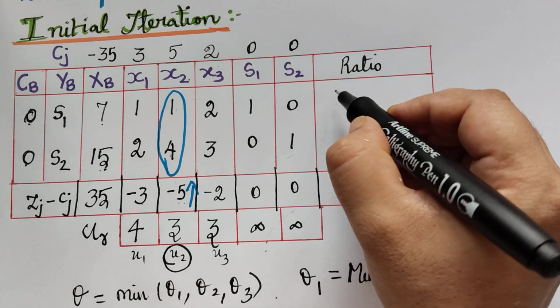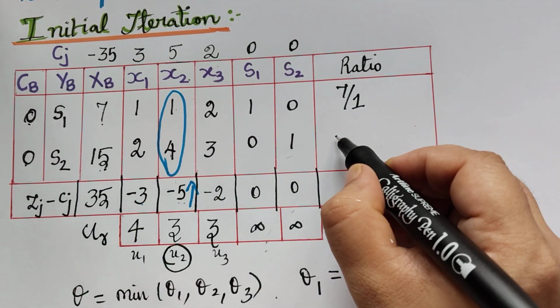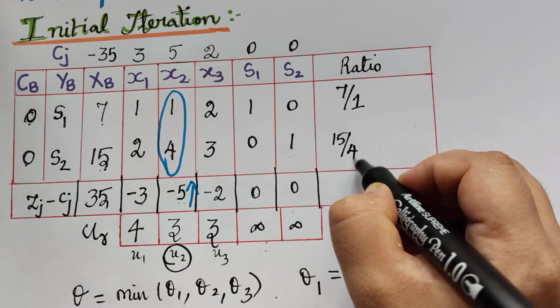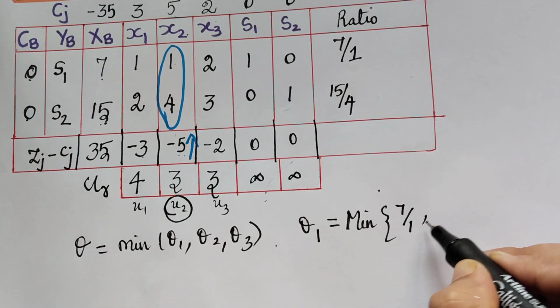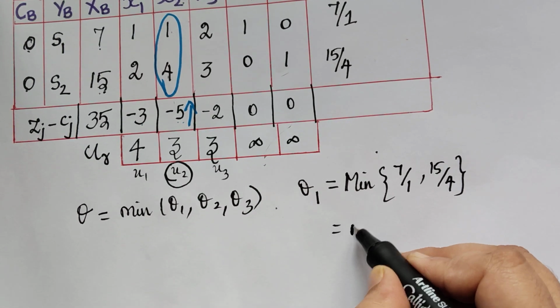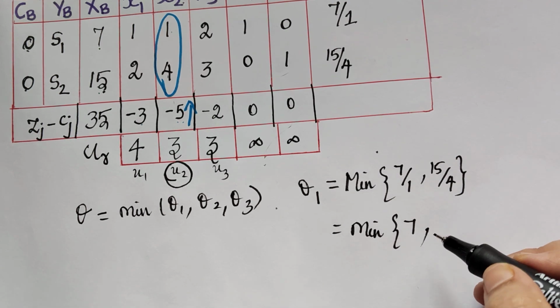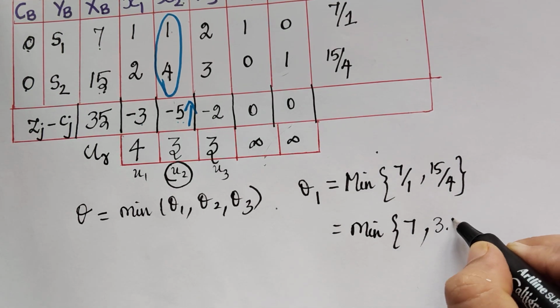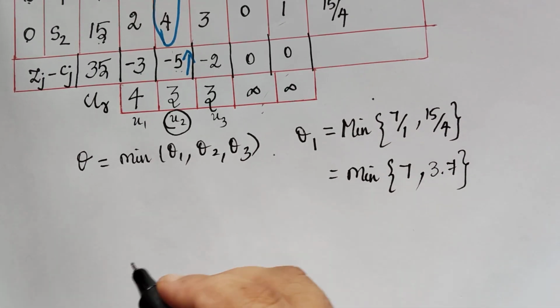These values. So the ratio will be 7 by 1 and this ratio will be 15 by 4. So 7 by 1, 15 by 4, which is the minimum of, what is 15 by 4 actually? It is 3.75. Now if we see these two values, 3.75 is the minimum.